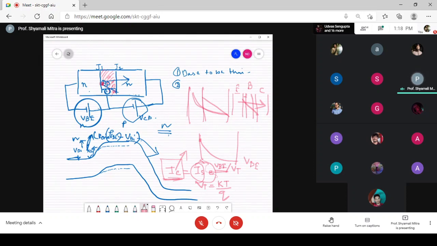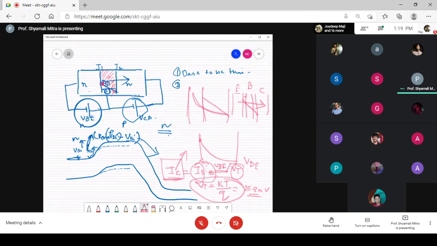One very important factor that determines this collector current is the thermal energy, because we have this VT term, which reminds us that this is a thermal device dependent on temperature. VT is nothing but 25.8 millivolts. If we plug in any VBE, we'll see an exponential rise in the collector current.